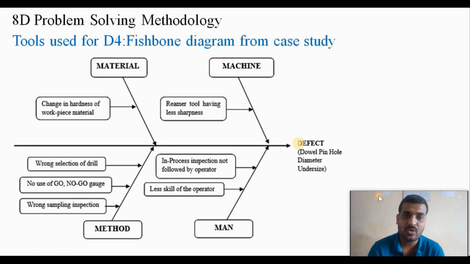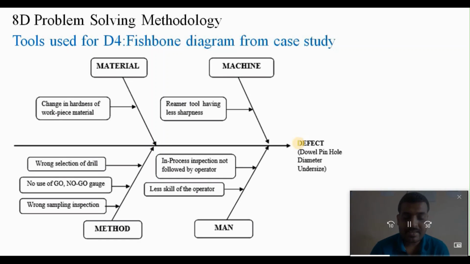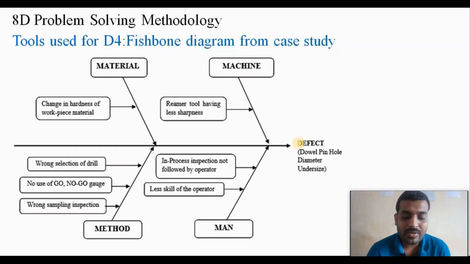Here you can see on the right hand side the defect is noted, and with it the possible causes through man, material, machine, method. Then you can additionally consider mother nature and measurement as well. With these various branches and possible causes, they came up with this defect.